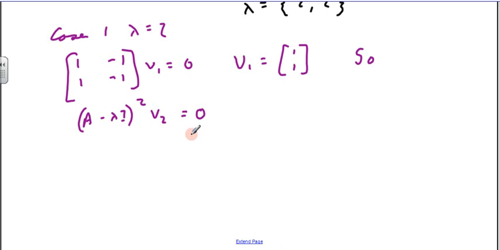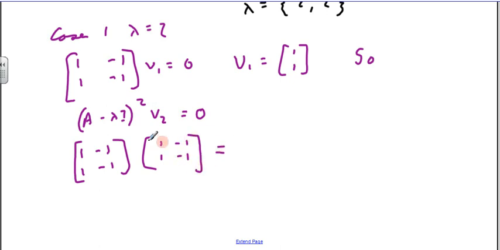And so if I square 1 minus 1, 1 minus 1, 1, 1, minus 1, minus 1. First row, first column, 0. First row, second column, 0. Second row, first column, 0. Second row, second column, 0. Okay, so I can basically pick V2 anything I want.